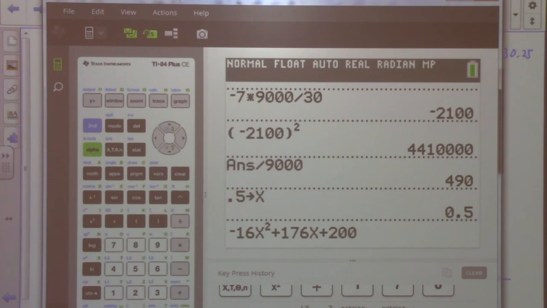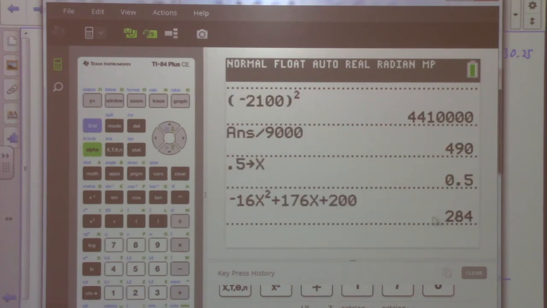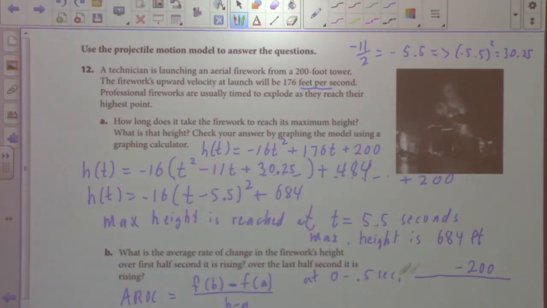And so we're going to get 284. So we're going to get 284 minus 200 over 0.5 seconds. So that's going to be how many feet per second? 168 feet per second. Wow. Okay?